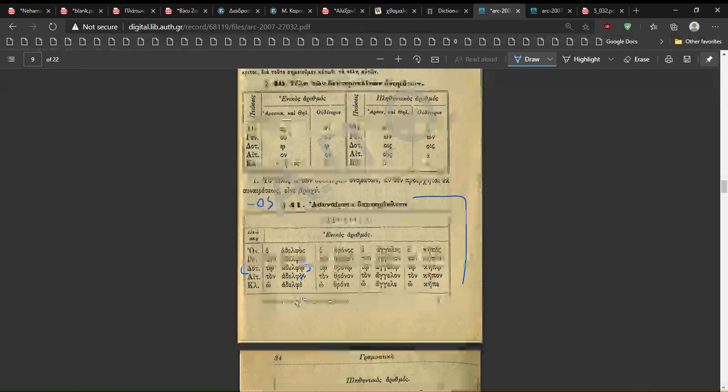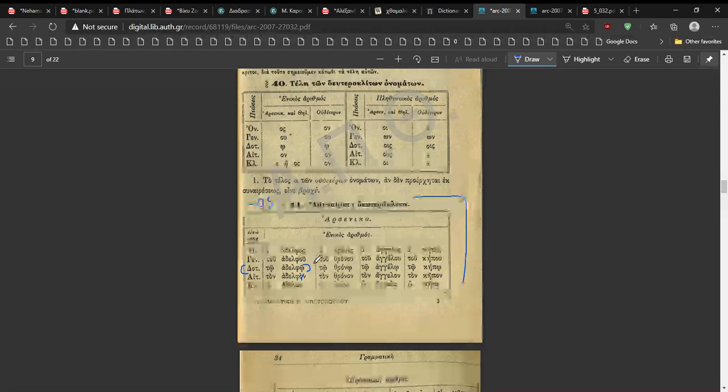We would just say ton adelphon. But if you say ton adelphon, it's not that it's wrong, it just sounds very, very archaic. The rest of it, with the exception, of course, of the stresses, is exactly the same. But notice this book has a dative.